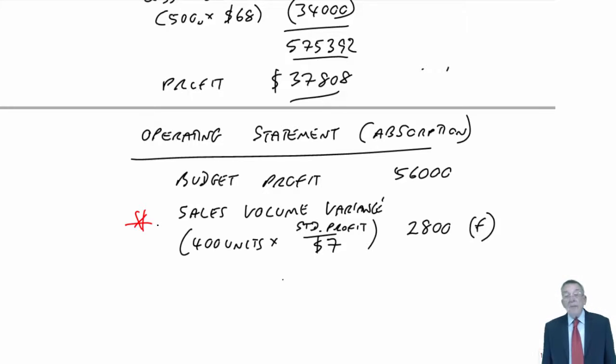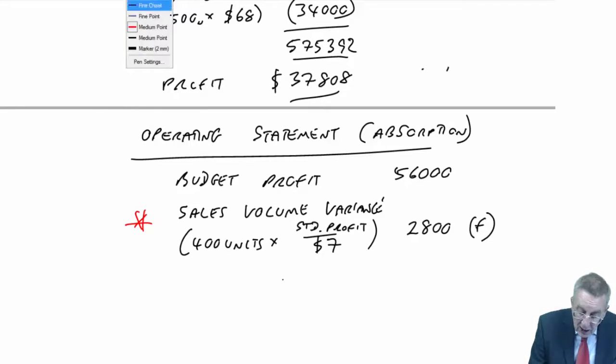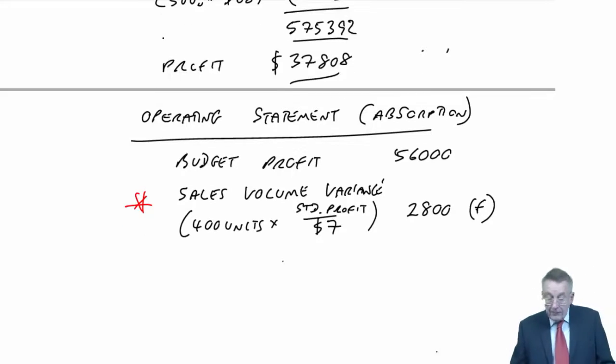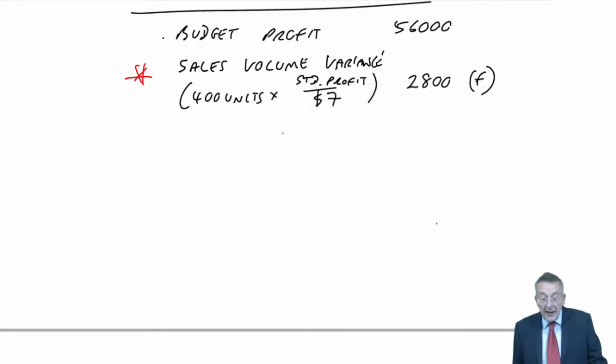With marginal, we looked at standard contribution per unit. With absorption, for the volume variance, we do it at standard profit per unit. We then carry on as before, and the rest of it, with one exception, is just as it was for marginal. So I'm not going to do all the workings again.